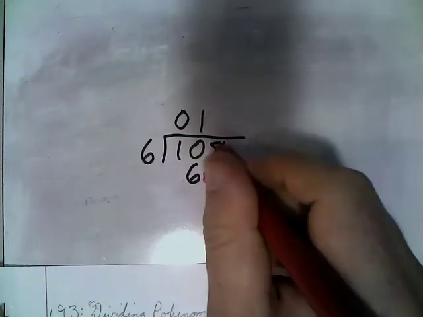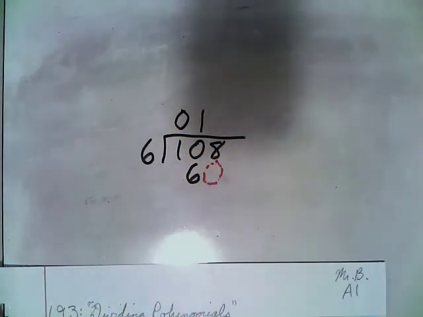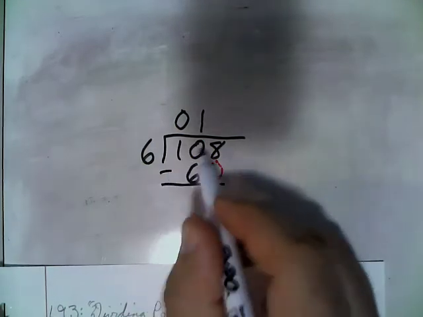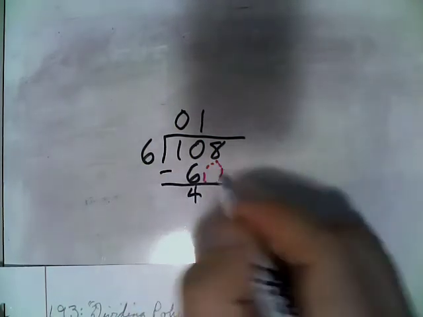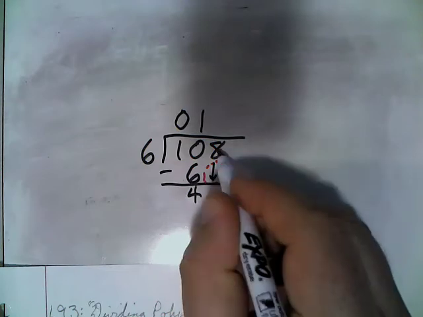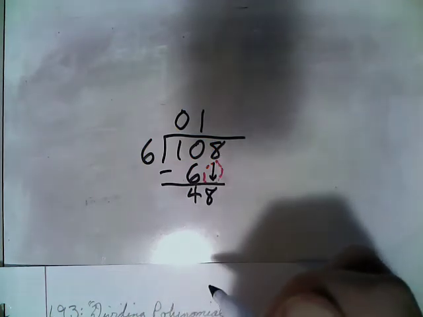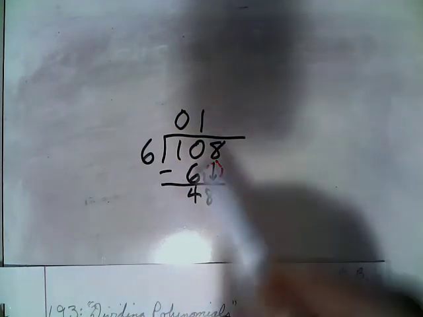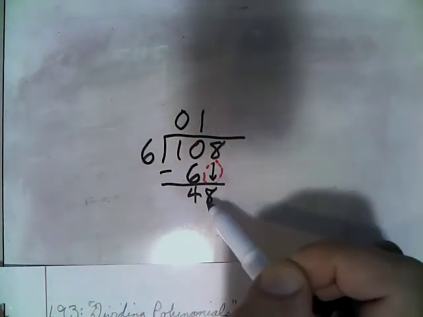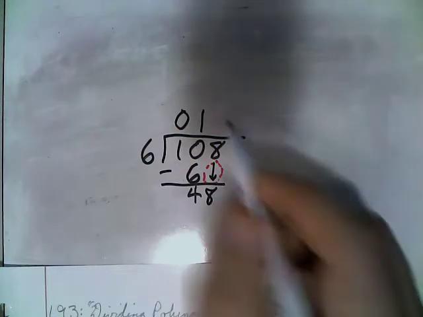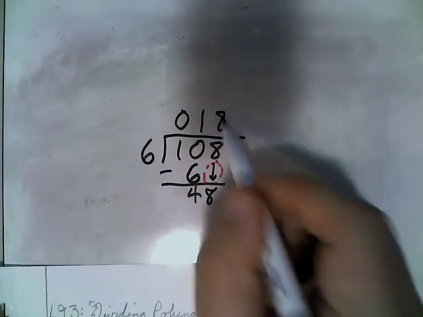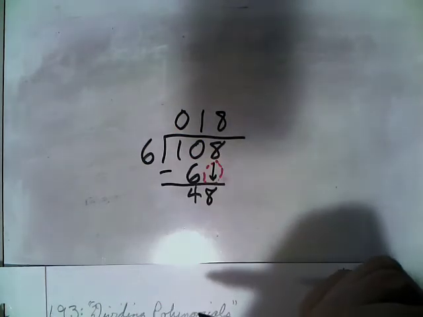But because there's a 0 there, it's not going to affect that 8 at all. So that when I do my subtraction here, it's really like 10 minus 6 is 4. And then this is where we normally bring down this 8 because 8 minus 0 is still just 8. And then we finish it off by saying, all right, now we're in the ones place. So how many just sixes will go into 48? Well, 8 sixes. 8 times 6 is 48.